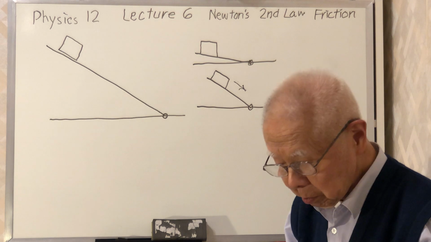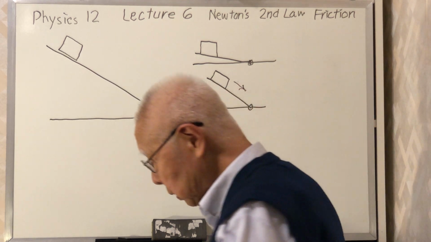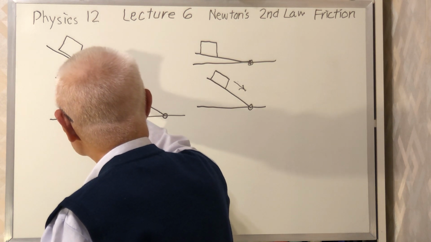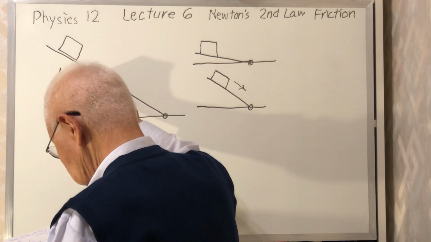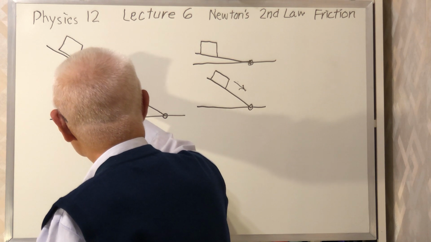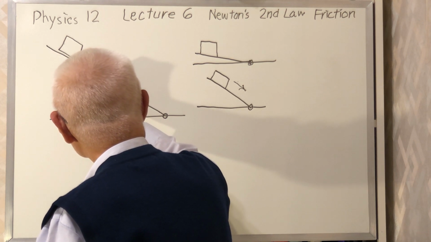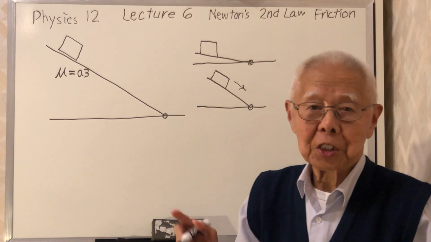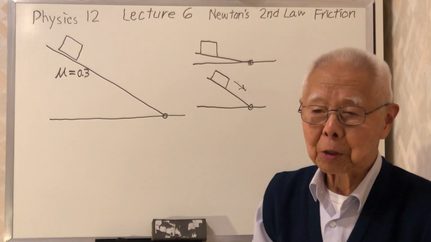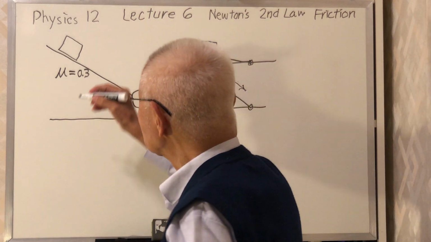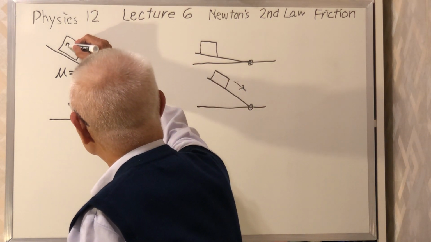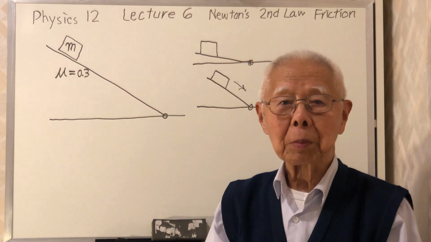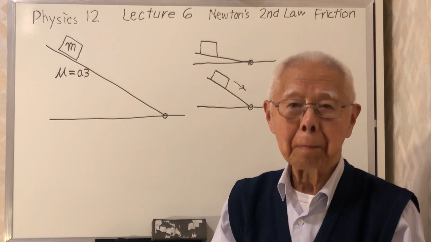So let's give some information. The coefficient of friction is given, 0.3. The mass of the box is just m.